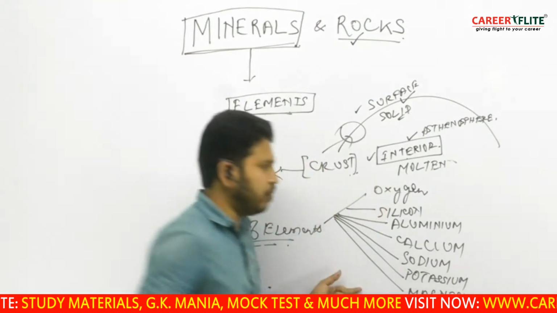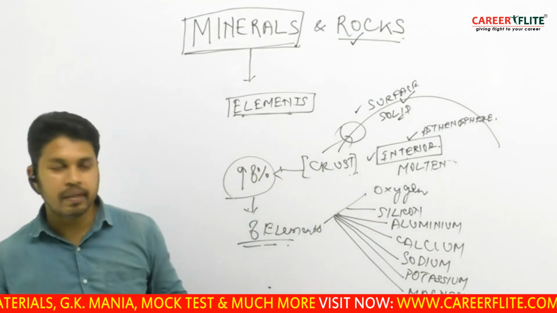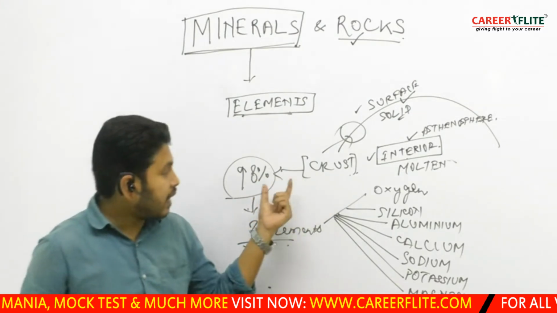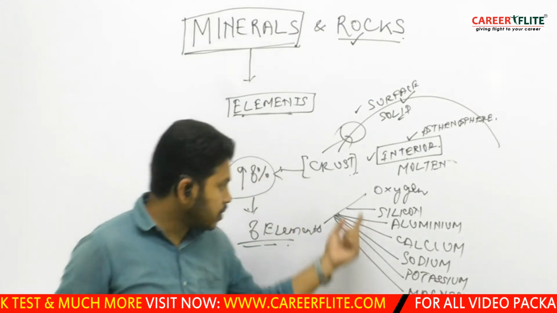So these are the 8 elements that make up the earth crust. 98% of the earth crust is made up of these 8 elements.